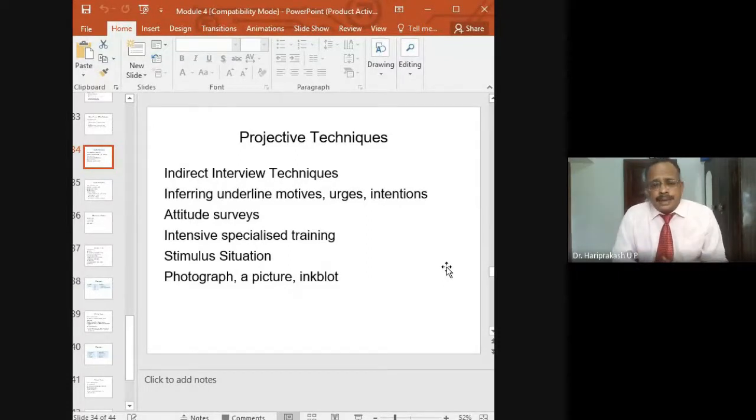These are called indirect interview techniques, indirectly trying to understand the individual, how he thinks, what his intentions are. To conduct such interviews, not just anybody can do it. There are no specific questions as such. Interviewers should know something of psychology, so that they can frame questions to understand the individual's psychology. Only those people can conduct such indirect interviews.